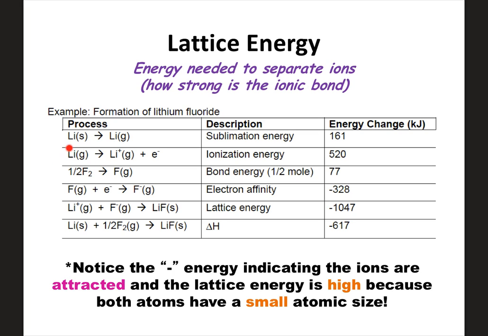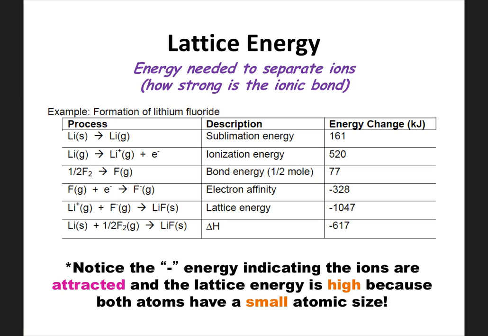If lithium gas is going to form 1 plus, it has to lose an electron. Losing or removing an electron is called ionization energy, so there's a certain energy associated with that. Now you have the lithium ion in the gas form, ready to come together and form the compound. But now we need the other participant, the fluorine, to be in the gas and ion form. Fluorine typically exists as F2, and we only want one of those fluorines.